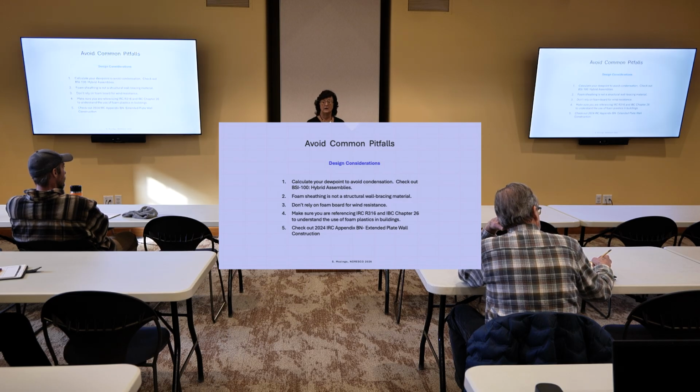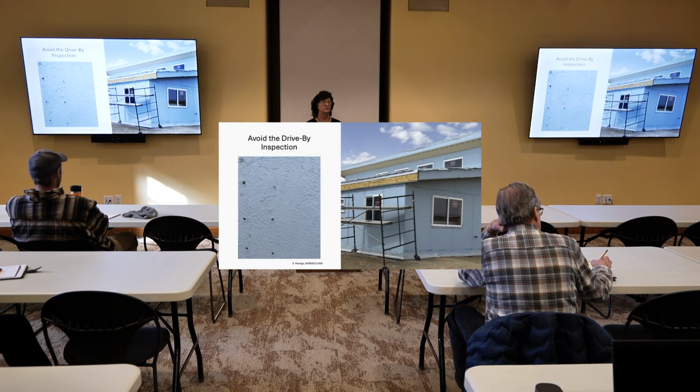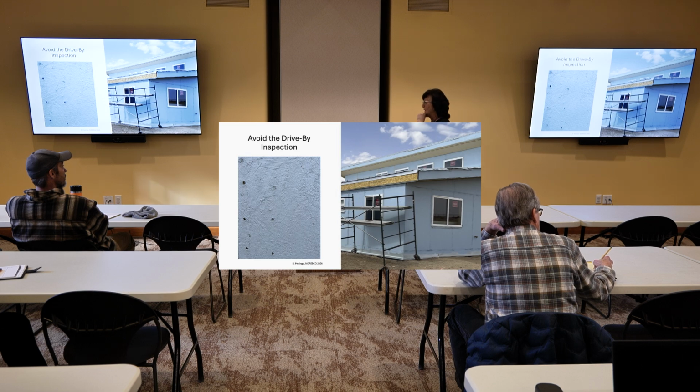All right, another thing, don't do drive-by inspections. This was a house I was at in New Mexico, and I'm like, oh, I don't remember the plans calling for continuous insulation. I thought, wow, they got continuous insulation. It is not. It is blue painted sheathing.